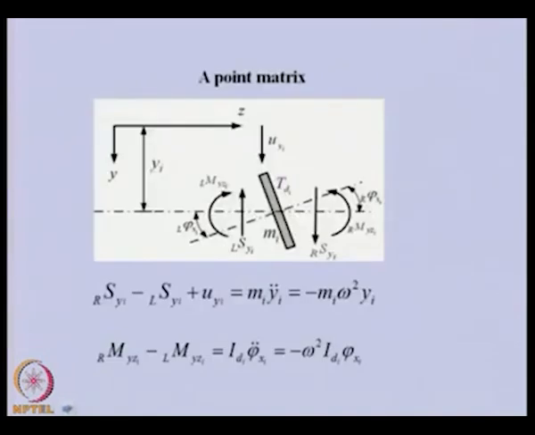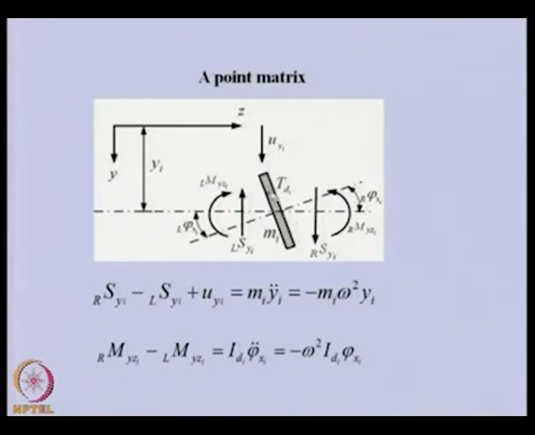And when we consider the gyroscopic effect, then we will see that especially the point matrix will get affected, and some of the terms which are here 0 will have some matrices. So, once we are done with the field matrix, now let us come to the point matrix. For that I have taken the free body diagram of the ith disk.